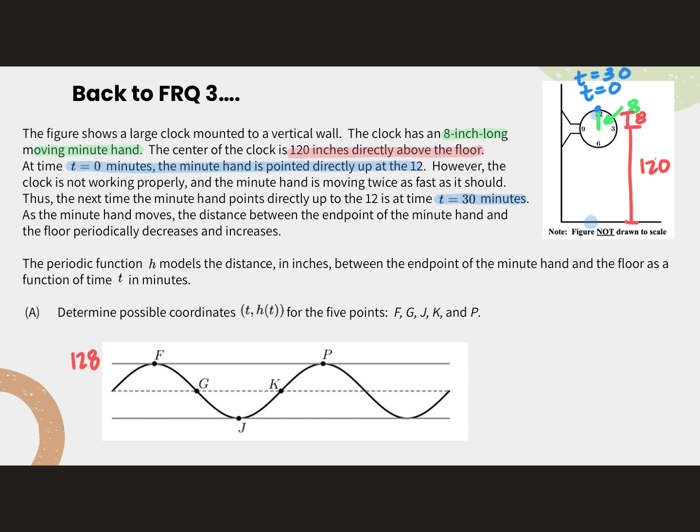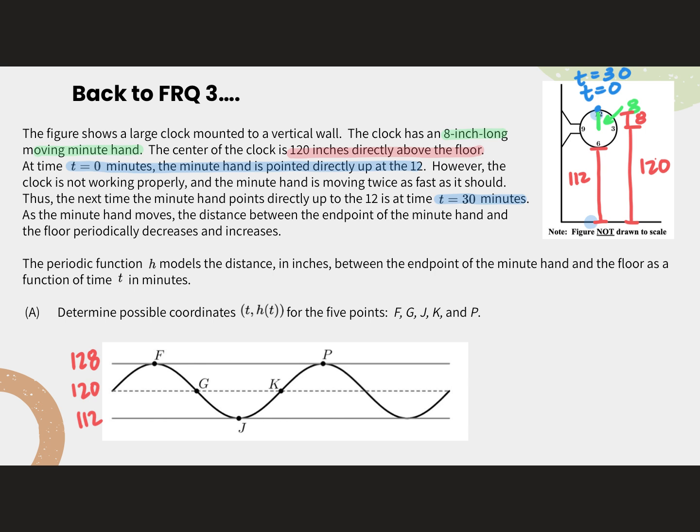If I take 120 minus 8, I can get the minimum height, which would be 112. And then the center of the clock, 120, would be that middle height, halfway between the minimum and the maximum.